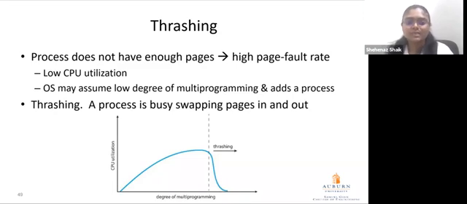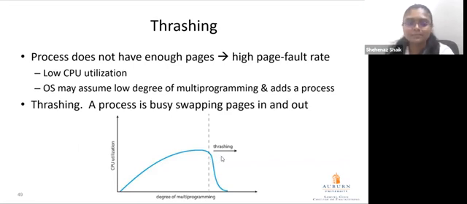Or in other words, as we increase the number of active processes in the system, to some extent the CPU utilization also increases. But at some point in time, all these processes do not have a sufficient number of free memory frames available, which results in a high number of page faults, and the system is spending a lot of time performing swap in and swap out of the pages, and thereby the CPU itself is not utilized in an appropriate manner.